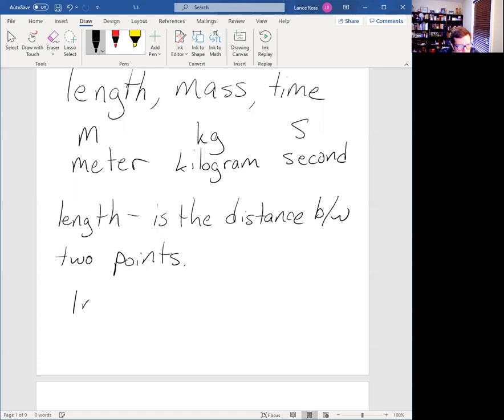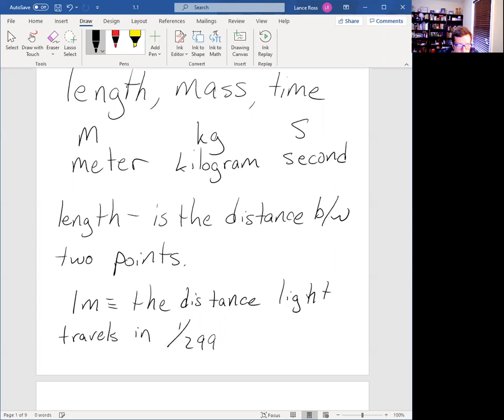So 1 meter is defined to be the distance light travels in 1 over 299,792,458 seconds.